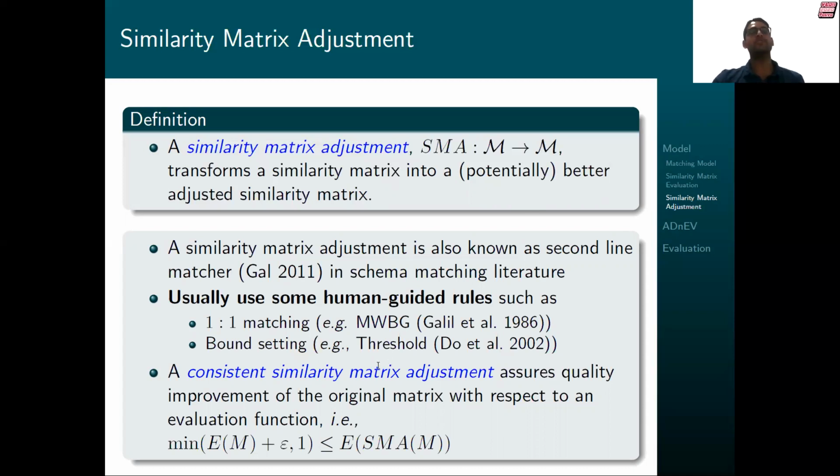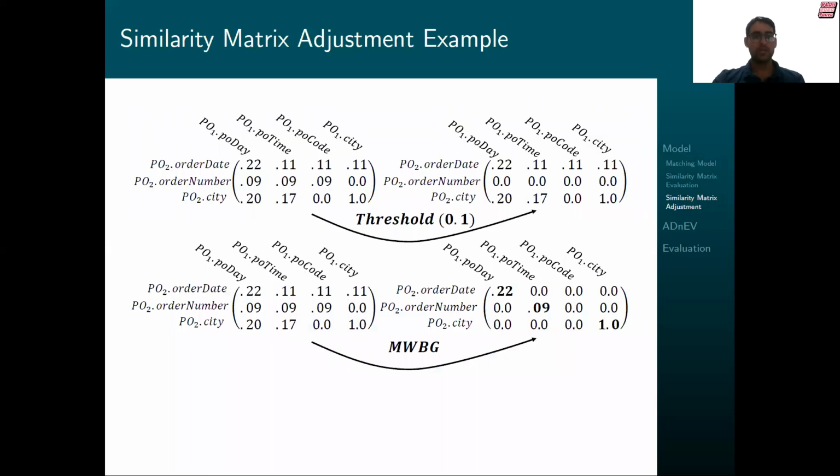We define a consistent adjustment as an adjustment that assures quality improvements with respect to some evaluation measure, as we can see. Here are two examples of similarity matrix adjusters. The top one simply selects the entries with values above 0.1. In the bottom example, a maximum weight bipartite graph matching is used to determine a one-to-one matching.